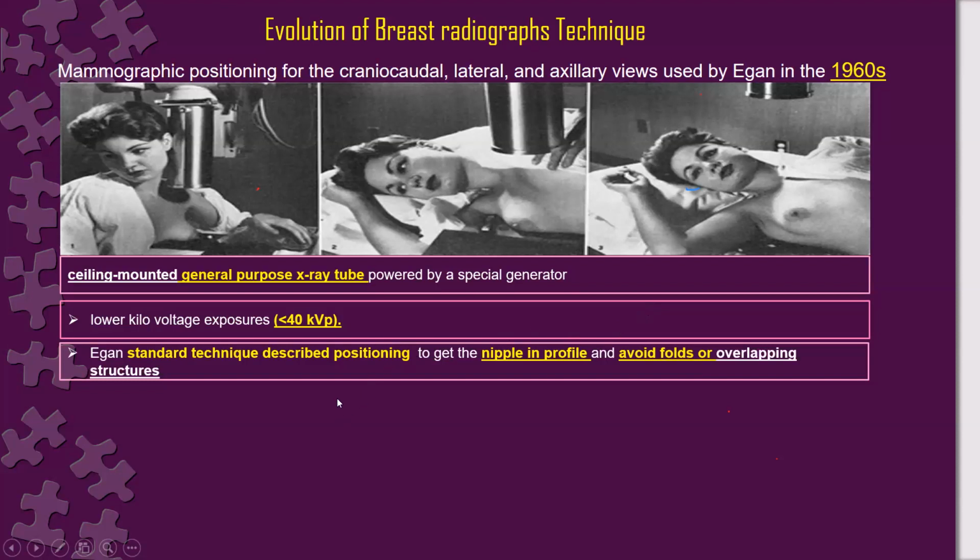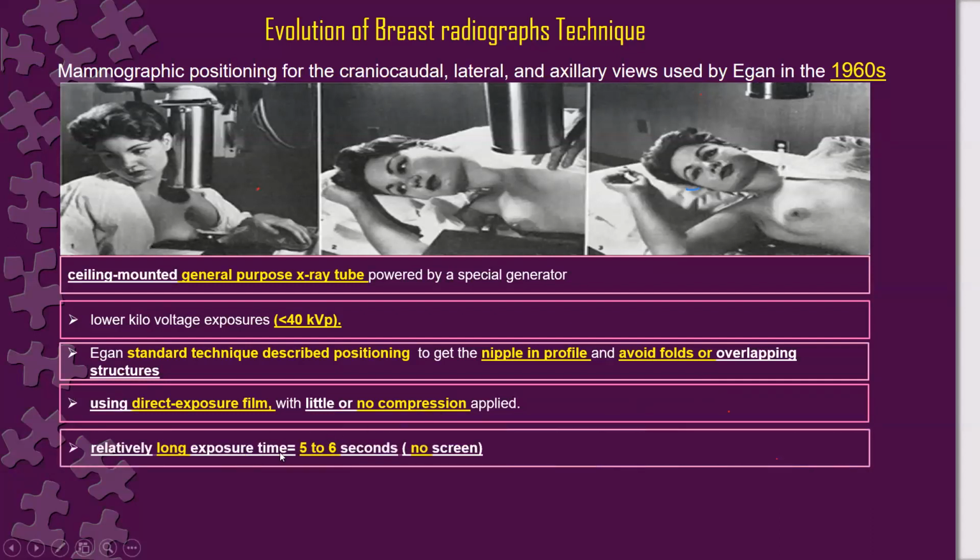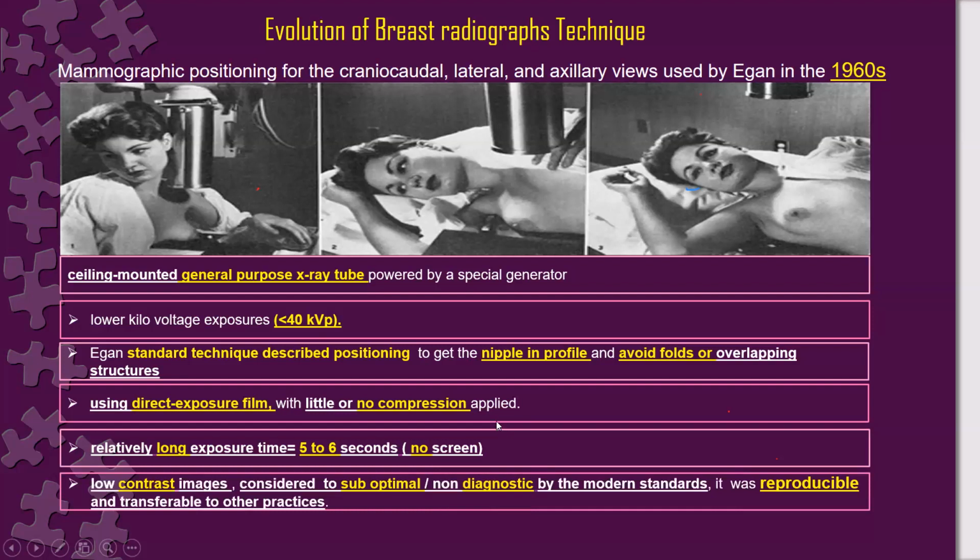It is a standard technique describing the breast positioning, getting the nipple in profile, avoiding over folding and overlapping, and there was no compression and direct exposure film, so the time of exposure was long, up to 6 seconds, because the film was direct without screen.